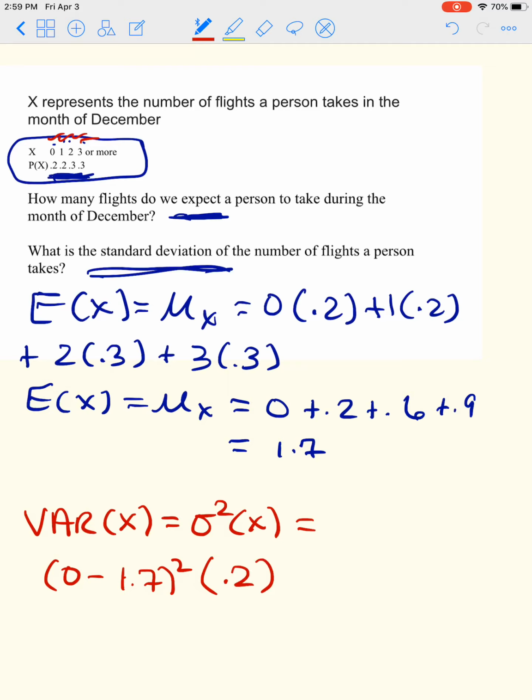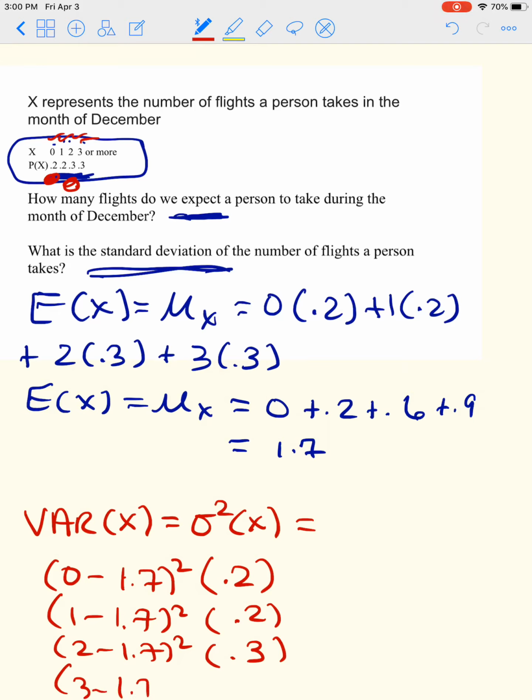So the probability of 0 is 0.2. 1 minus 1.7 squared times 0.2. 2 minus 1.7 squared times 0.3, because that's the probability. And then 3 minus 1.7 squared times 0.3. So in other words, X minus mu of X squared times the probability, then you sum it.